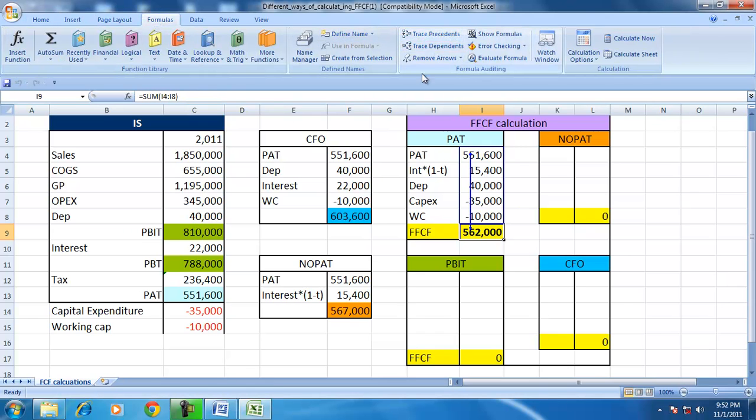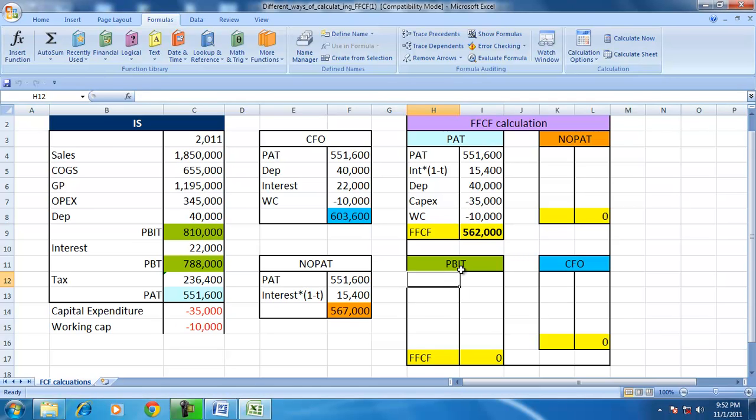It is calculated on the basis of profit after tax adjusted for interest because it's free cash flows for the firm. Depreciation is non-cash, then the investment required to maintain more or less the same level of business, and the working capital required to run the business.